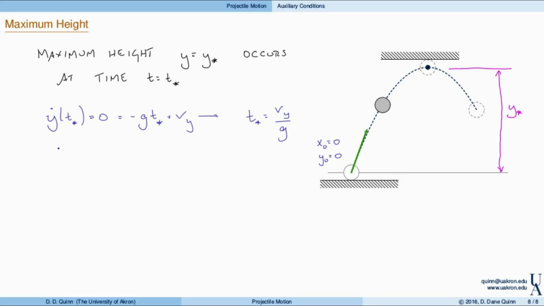And then I can introduce that into the position to find both the horizontal and vertical displacements of the ball at that time.